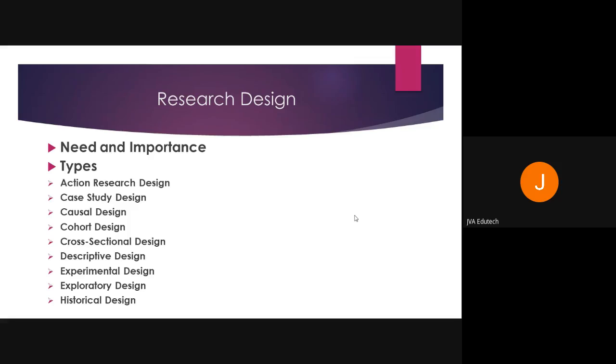how it is affecting the population, how it is having the effect on the workplaces, on the production, on the GDP. All these things you are trying to explore for the first time. So this is the exploratory design.